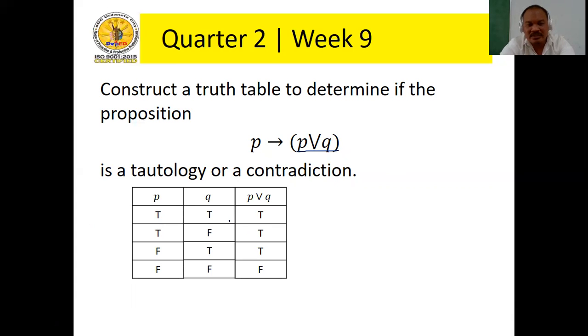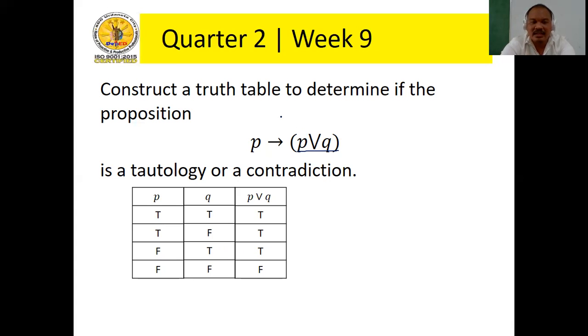It becomes false if and only if both statements are false. So true or true is true. True or false is true. False or true is true. Then both of them are false, so the statement becomes false.